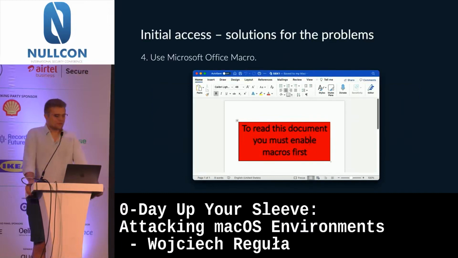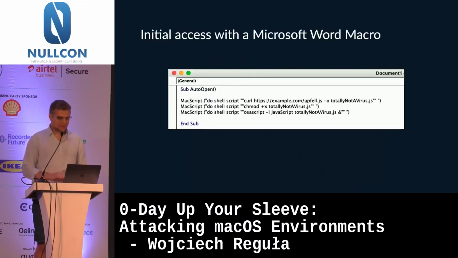And we have the fourth technique, and that's the technique you probably know from attacking Windows. That's a technique that involves Microsoft Word. On Microsoft Word, there are also macros, a macro attack possibility. So we have Visual Basic and the AutoOpen subroutine, which will be executed after the user opens the document file and allows macros.